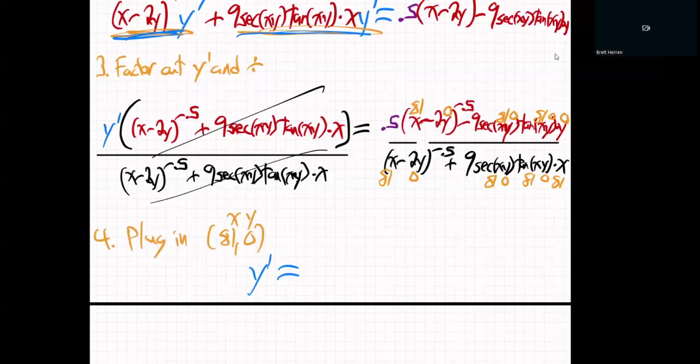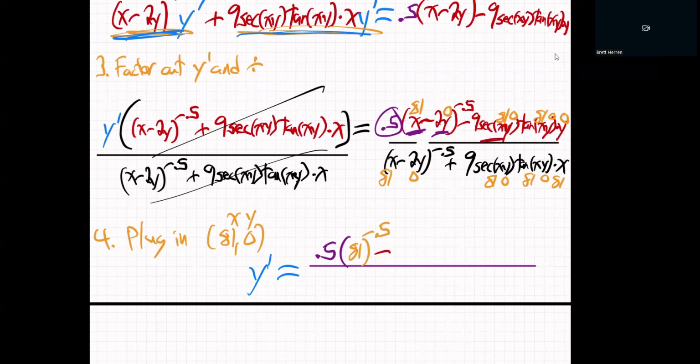Let me show you how to make this easier. So this is effectively 0.5 times 81 minus 2 times 0, which is just 81 to the minus 0.5, right?